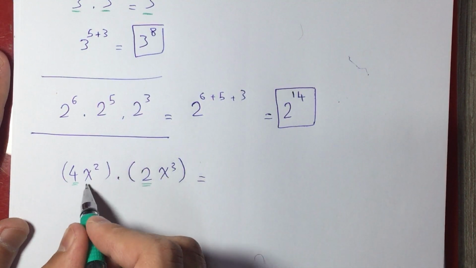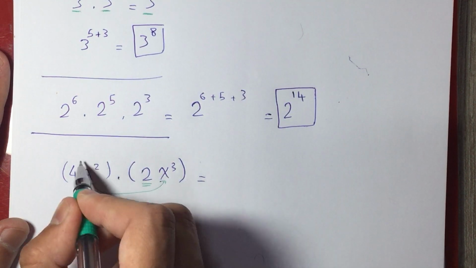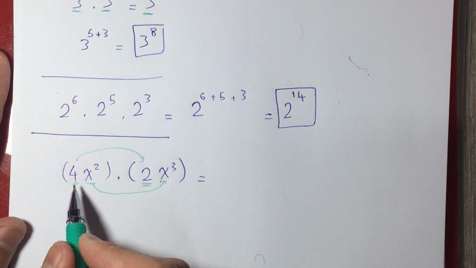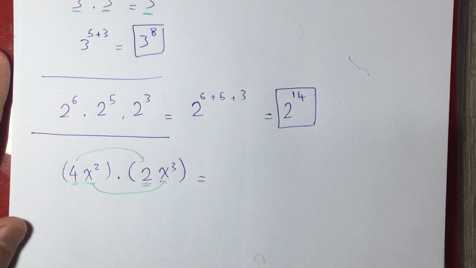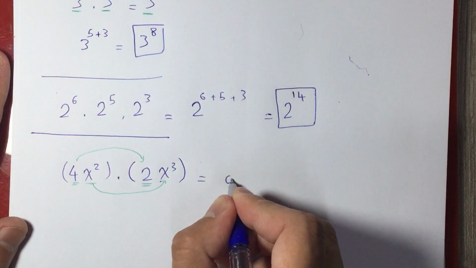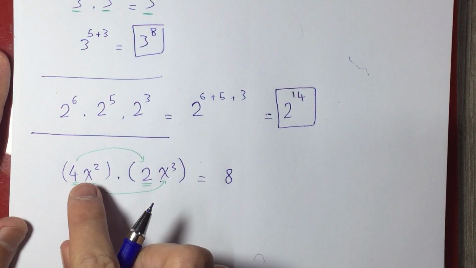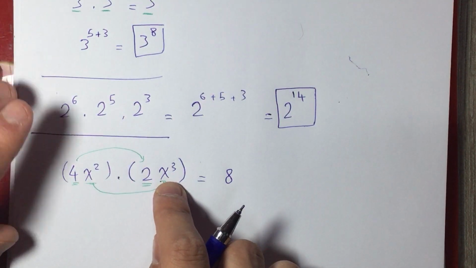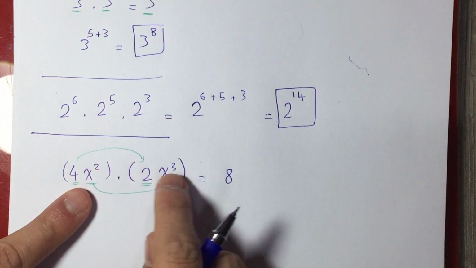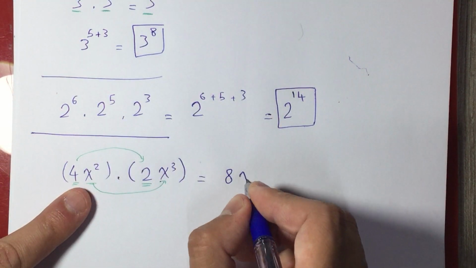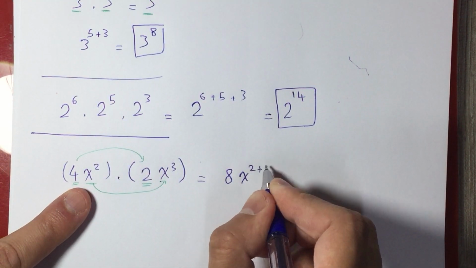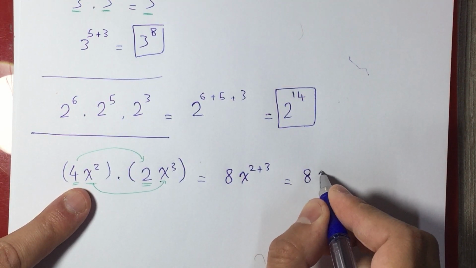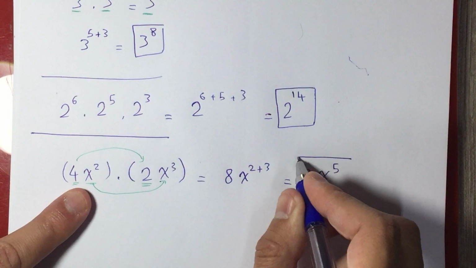Numbers with numbers and variables with variables. So we multiply 4 times 2, which will give us 8. And then we write x squared times x to the 3rd. We now just add the exponents. 2 plus 3. We can write x to the power of 2 plus 3. And this will be 8 times x to the 5th power.